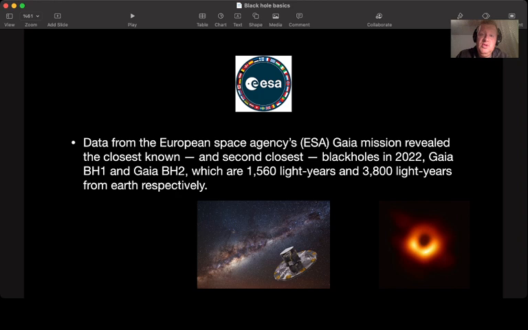So it is basically impossible to get to a black hole, because it's too far away. If you travel at the speed of light, it will take 1,560 years to get to the closest black hole, and 3,800 years to get to the second closest black hole.